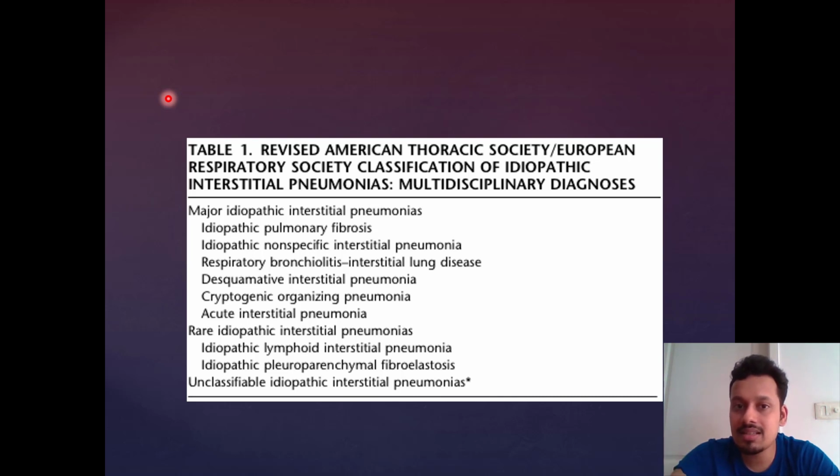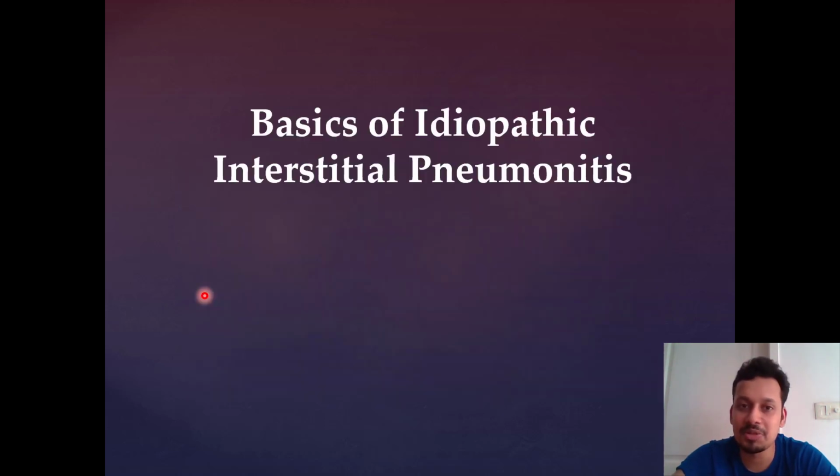So this is the latest ATS classification of the major idiopathic interstitial pneumonias, which we have just talked about. These two are the chronic fibrosing types. This is the smoking related ILDs, RBILD and DIP. COP and AIP are the acute or subacute patterns of idiopathic interstitial pneumonias.